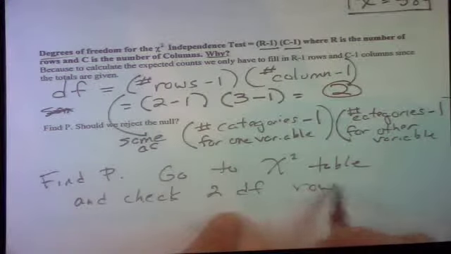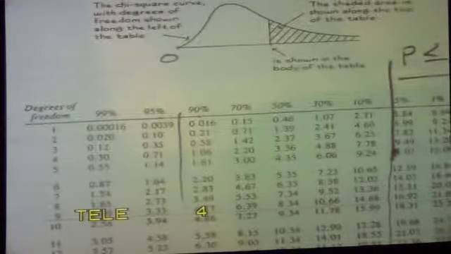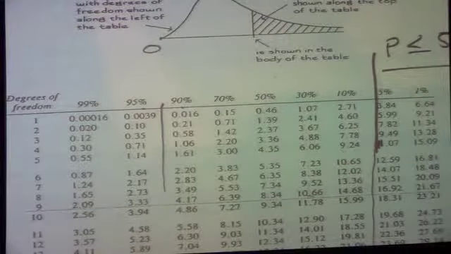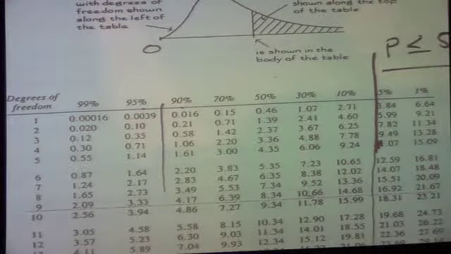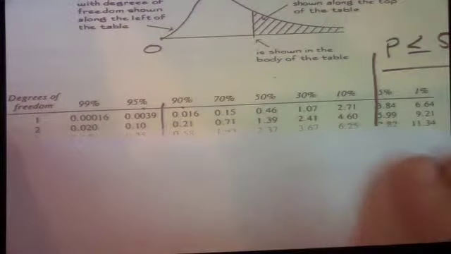Let's do it. So we go to, and this will be on your final, the last page of your final. It'll look like this. The only thing you need to look at is this second row here, because that's 2 degrees of freedom.